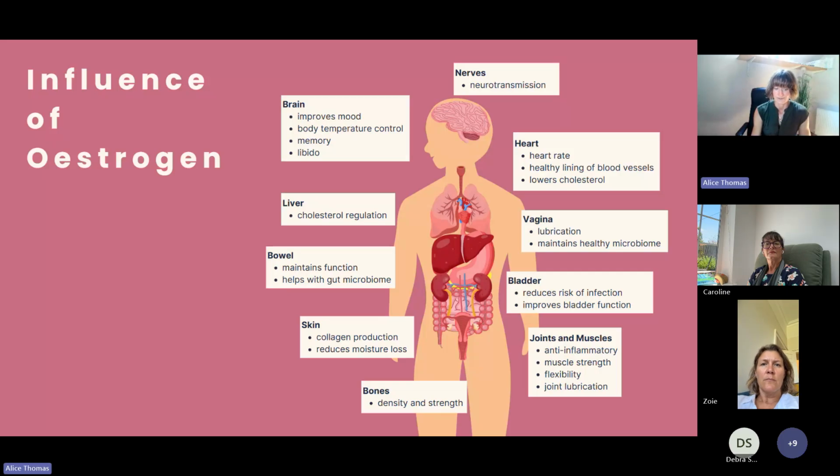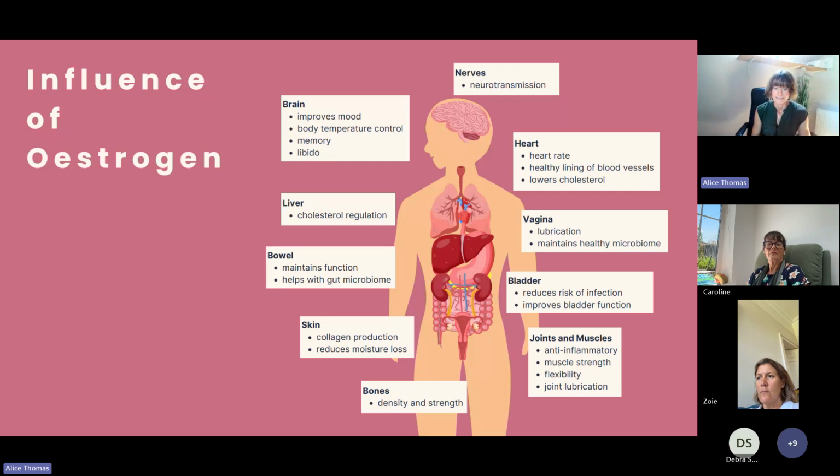It regulates the menstrual cycle, and it's essential for the development and maintenance of the reproductive system. But beyond reproduction, estrogen supports bone health, heart health, it balances good and bad cholesterol levels, and it influences fat distribution. It impacts the brain, supporting cognitive function.